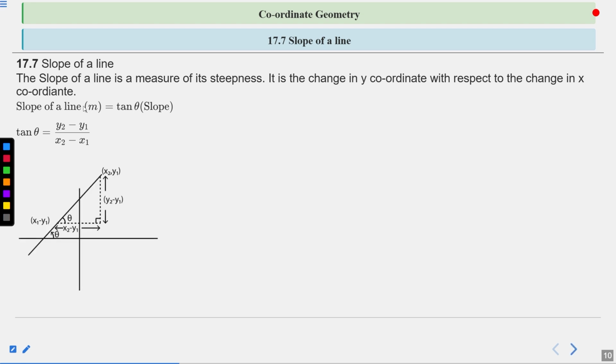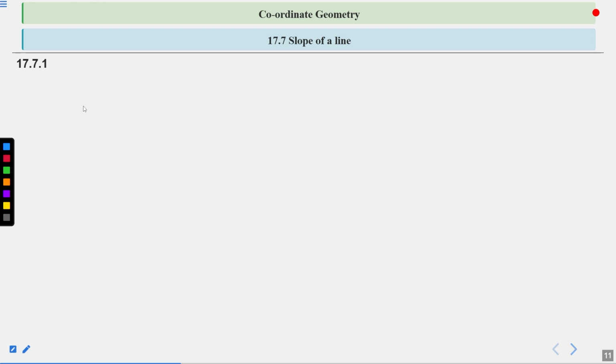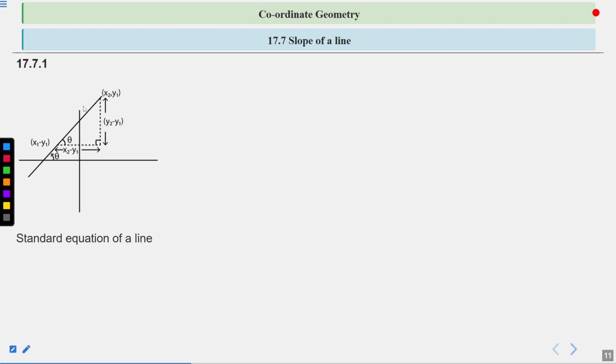We can clearly see in this diagram the slope of a line; there is a theta which represents it. So we can calculate the theta. The standard equation of a line becomes ax plus by plus c equals to 0.